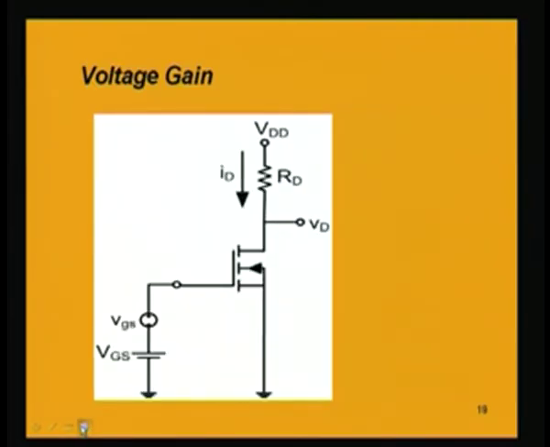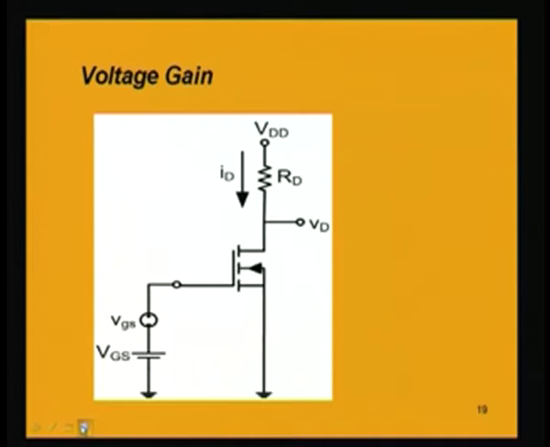Now, when we are using the MOSFET amplifier to amplify a small signal, then obviously we must know the voltage gain. Voltage gain means the ratio between the output voltage and input voltage.